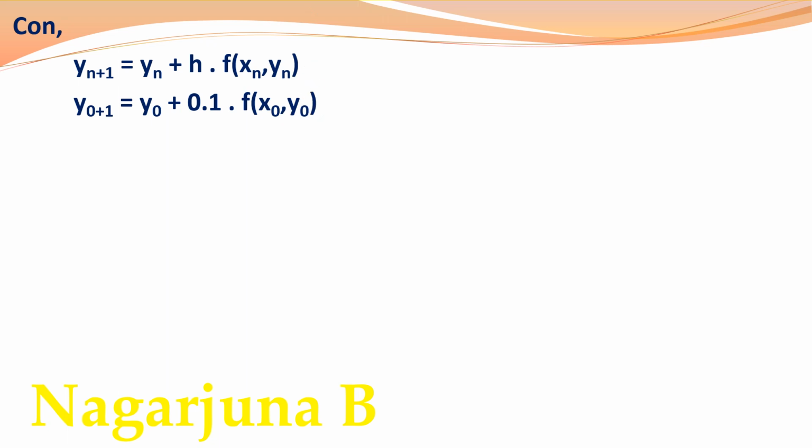X naught is 0 and y naught is 1, which has been given in the question, and 0 plus 1 is equal to 1. Therefore we can write y1 equal to y naught value 1 plus 0.1 into f of 0 comma 1. And in the question they have given dy by dx is equal to x plus y, that is nothing but f of x comma y is equal to x plus y. Here it is f of 0 comma 1, that can be written as 0 plus 1.